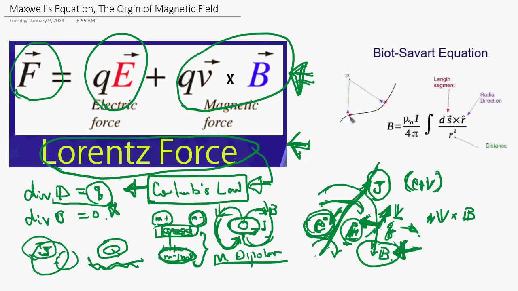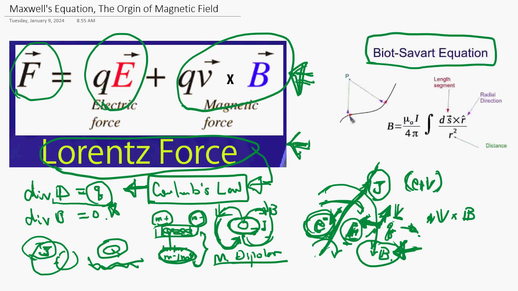So then exactly how much magnetic field we consider to be generated by the current is given by the Biot-Savart equation.